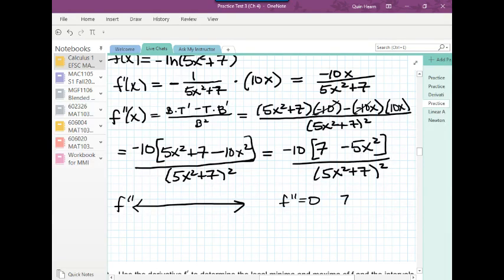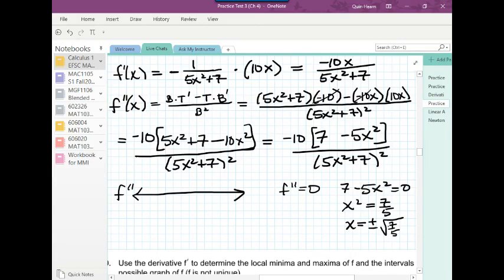Okay, so that is going to be negative 10 times 7 minus 5x squared over 5x squared plus 7 quantity squared. Okay, just want to check how they want your answer given over here.